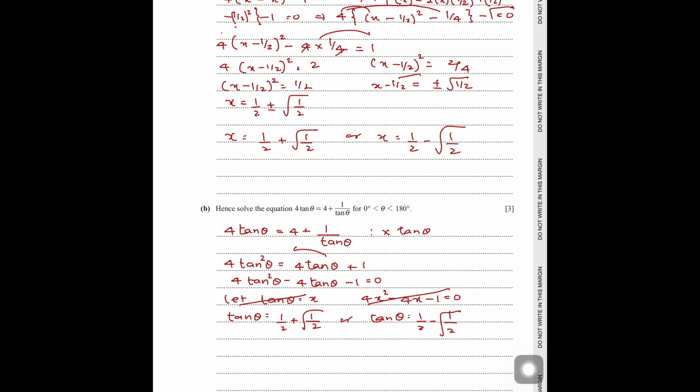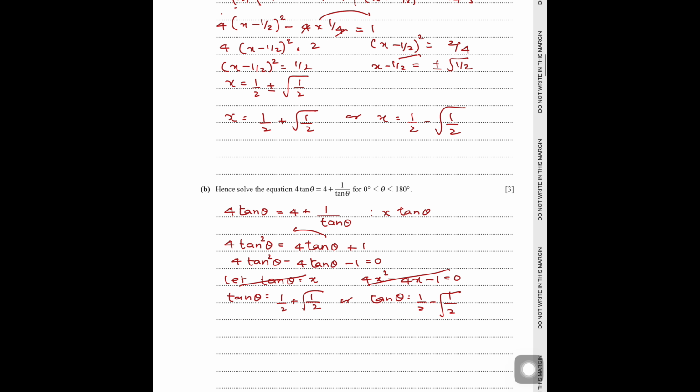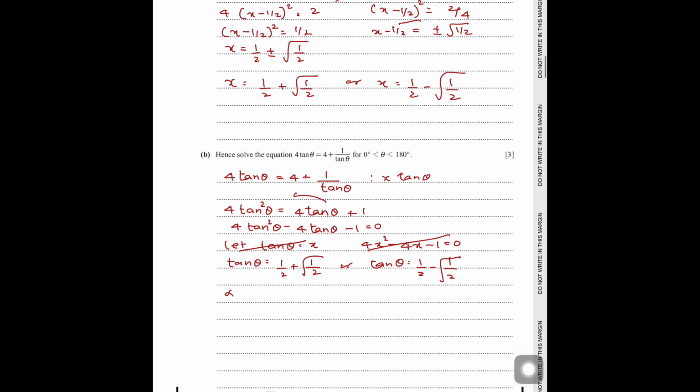So now the basic angle alpha is tan inverse of half plus root 1 over 2, and I'm getting 50.4, and alpha is tan inverse of half minus root 1 over 2, I'm getting 11.7, both to 1 decimal place.